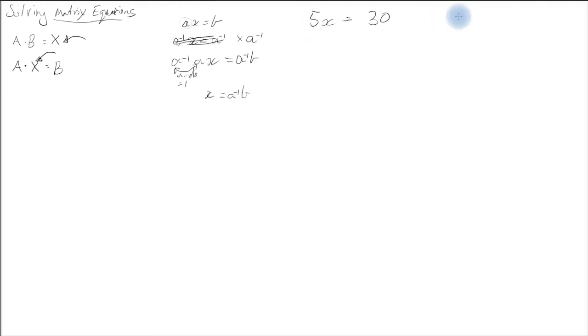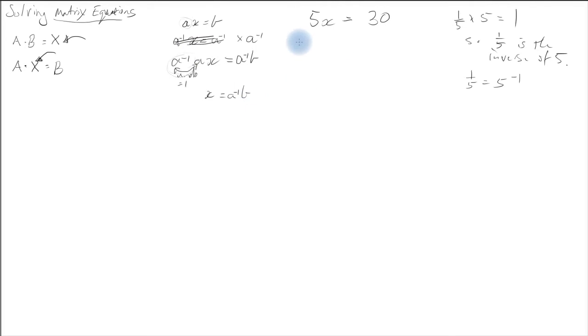The reason is because a fifth times 5 equals 1. So a fifth is the inverse of 5. And you know from your index laws, you can actually write 1/5 as 5 to the power minus 1. And that's where this index looking thing comes from.